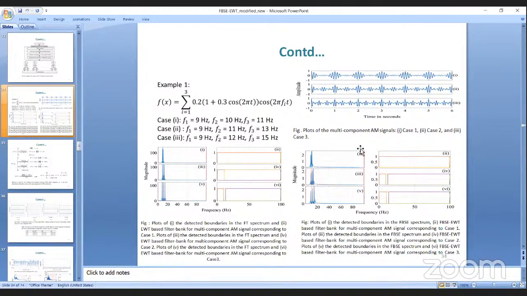On the other hand, if you go to the Fourier-Bessel series expansion based domain, the FBSE domain, you can see that in both the second and third cases you are able to design the filter bank. That improvement can be considered an improved version of the spectrum for separating the components, which we have explored in this FBSE EWT method.